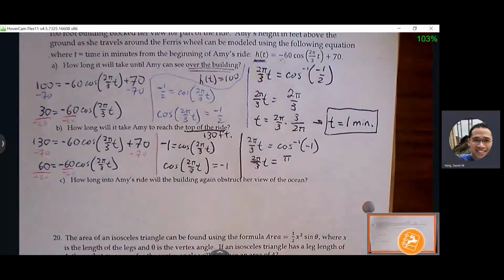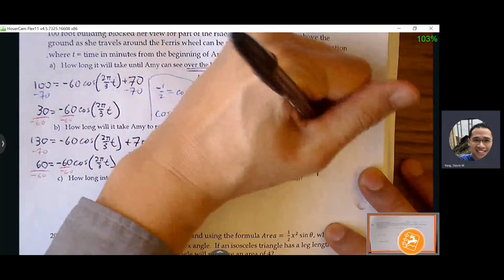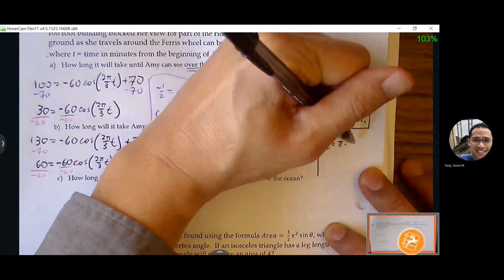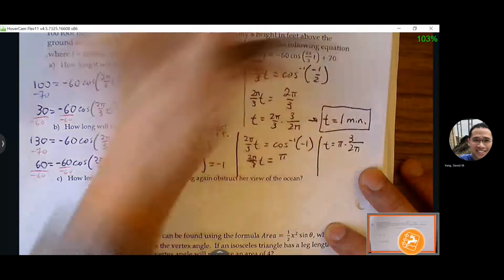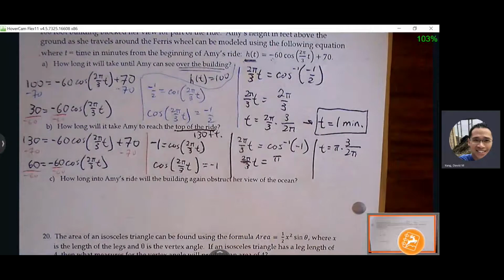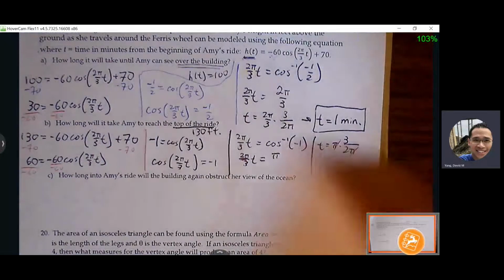So I want to solve for t. I want to move that 2 pi over 3. Dividing by 2 pi over 3 is the same thing as multiplying by its reciprocal. If I do 3 divided by 2 pi, the pi's cancel out. I'm left with 3 over 2. 3 over 2 is 1.5.